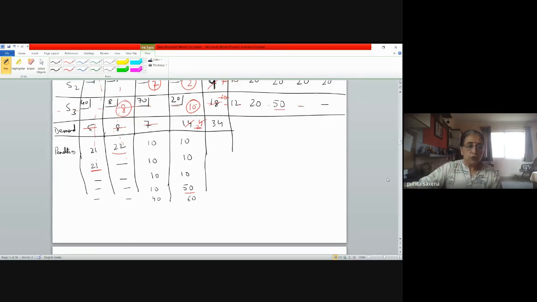So your minimum cost in this case, I think it's going to be 19 into 5, which was there in Northwest also, I believe, plus 10 into 2, plus 40 into 7, plus 16 into 2, plus 8 into 8, plus 20 into 10. So how much is it?